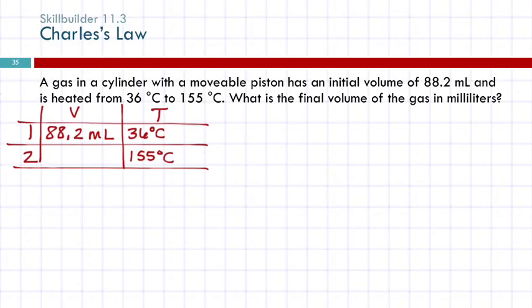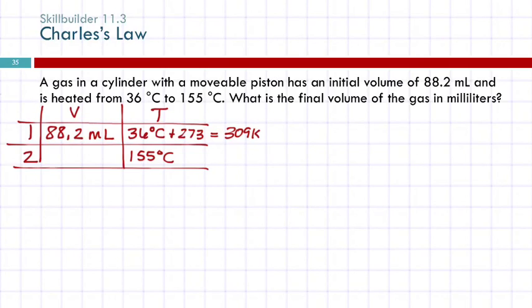Anytime you see degrees Celsius, always just convert it to Kelvin right away, because otherwise you'll forget to do it. Almost always, the problem will give you temperatures in Celsius, and you have to convert to Kelvin. So 36 plus 273. This is a day when I don't trust my head, so I'm going to use my calculator for that.